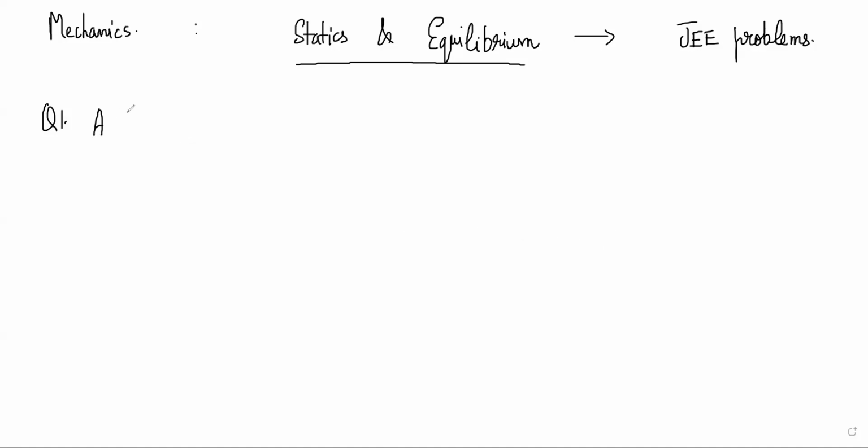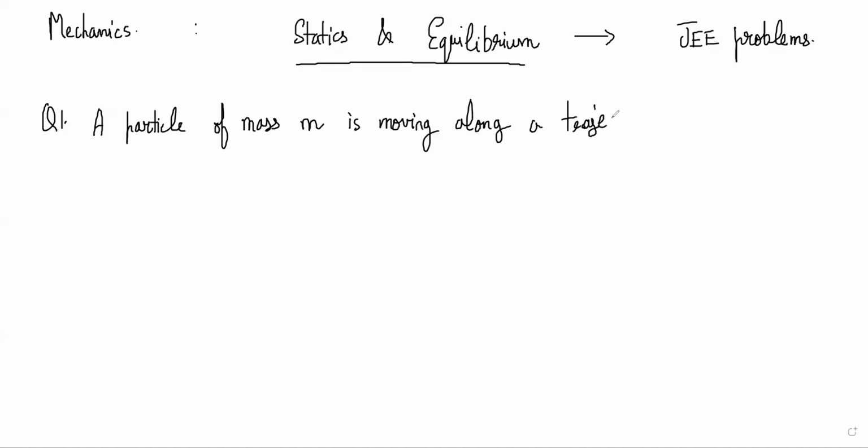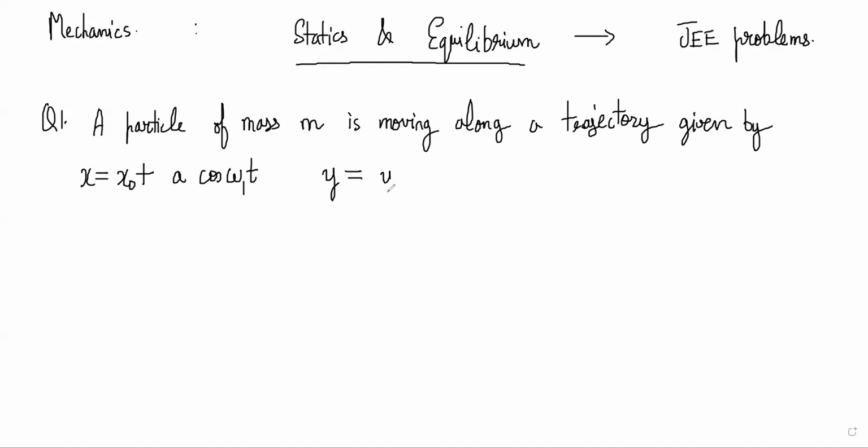The question says a particle of mass m is moving along a trajectory given by x is equal to x naught plus a cos omega 1 t and y is equal to y naught plus b sine omega 2 t.